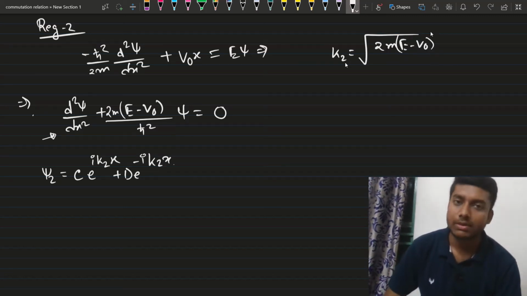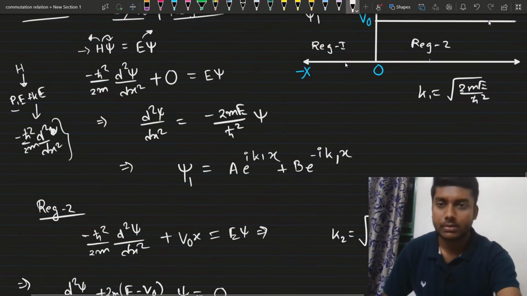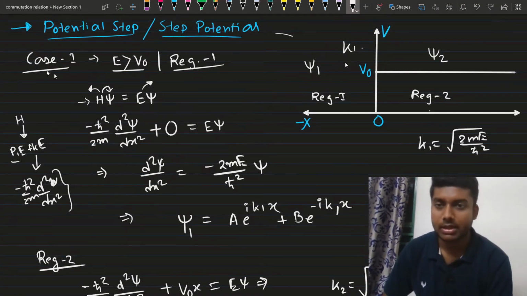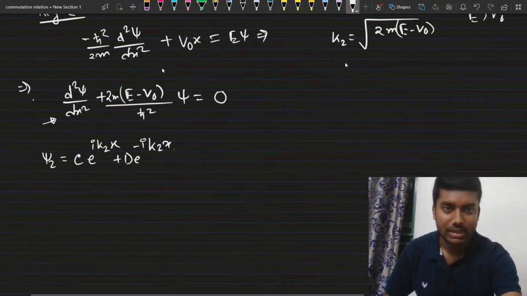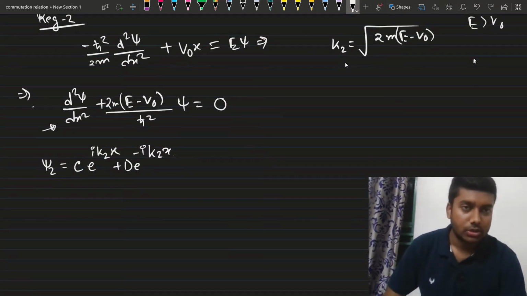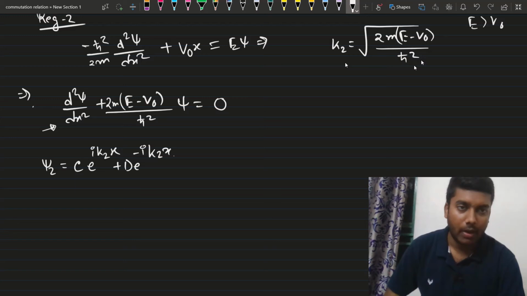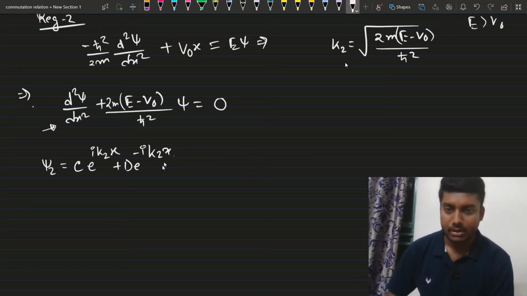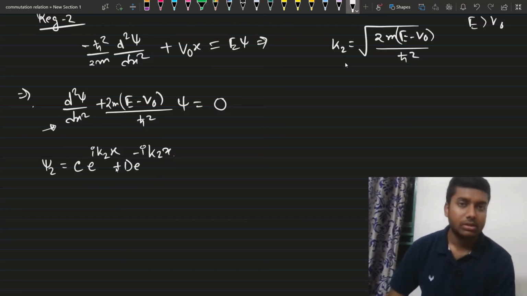Here E minus V naught is a positive quantity, as E is greater than V naught. We are dealing with case number 1, where E is greater than V naught. This is the wave function for region 2.